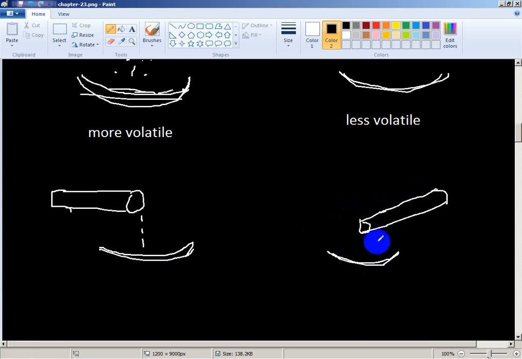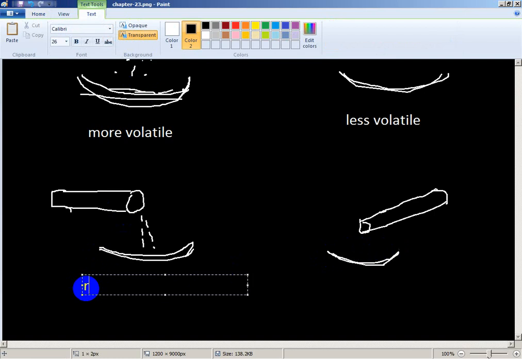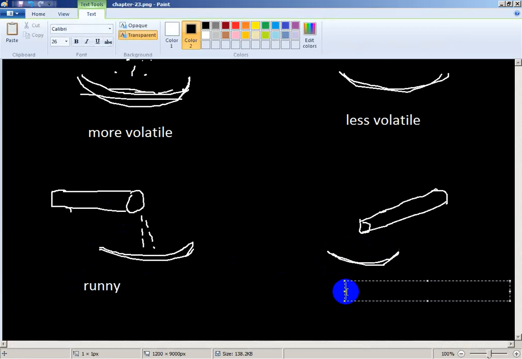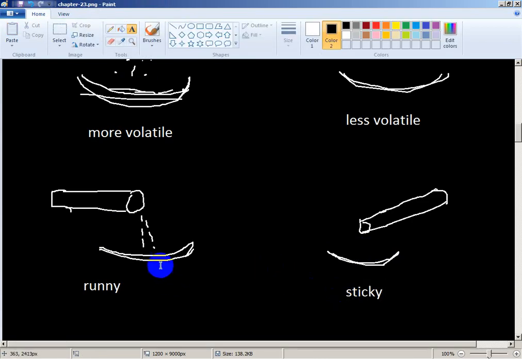They will not flow easily. They are sticky, so they have higher viscosity, and the runny ones have lower viscosity.